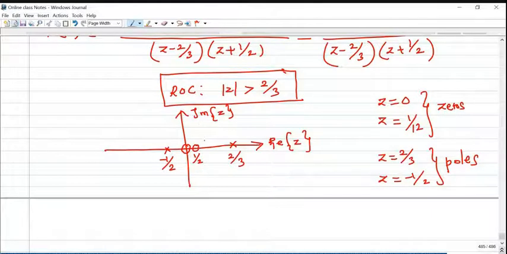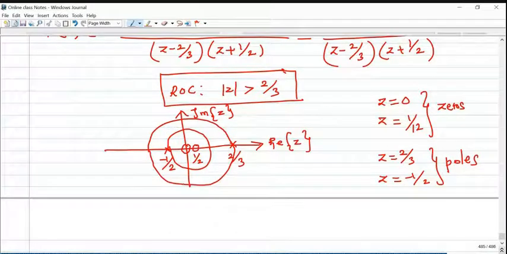So we have to draw a circle with 1/2 and draw the circle with 2/3. ROC greater than 1/2, greater than 2/3.